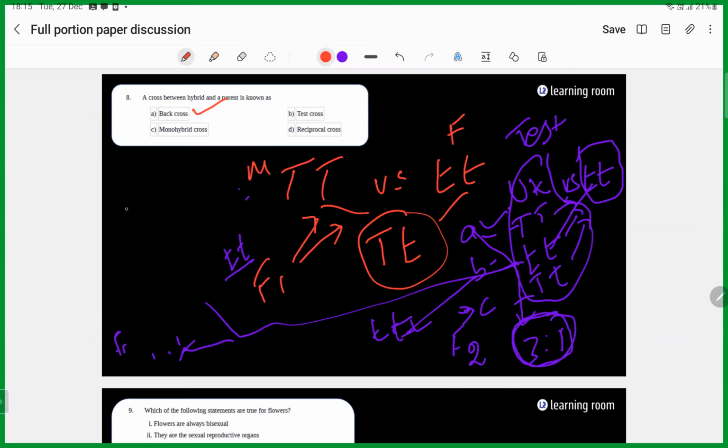Reciprocal in the sense, male is dwarf, female is dominant. Here, tall male versus dwarf female. Here, dwarf male versus tall female. This is called reciprocal cross, the opposite type of parent. Is it clear? Yes, sir. Okay, next.